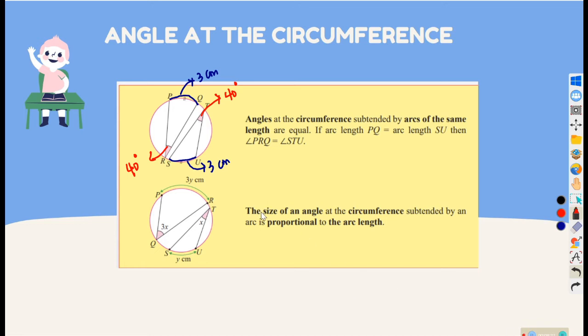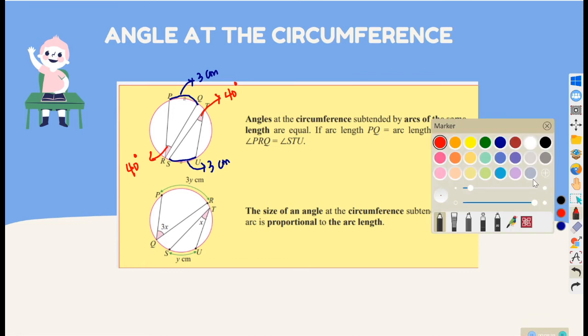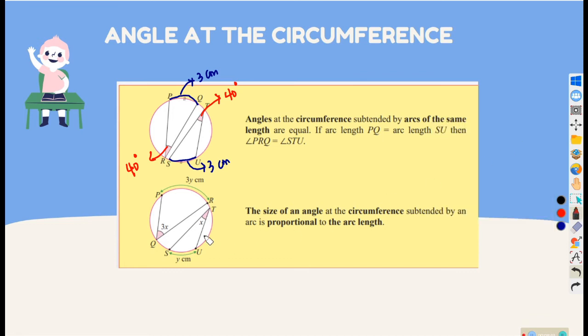Okay, the second one here: the size of an angle at the circumference subtended by an arc is proportional to the arc length. You can see here, if the angle is 3x and the length of the arc is 3y, it is proportional.